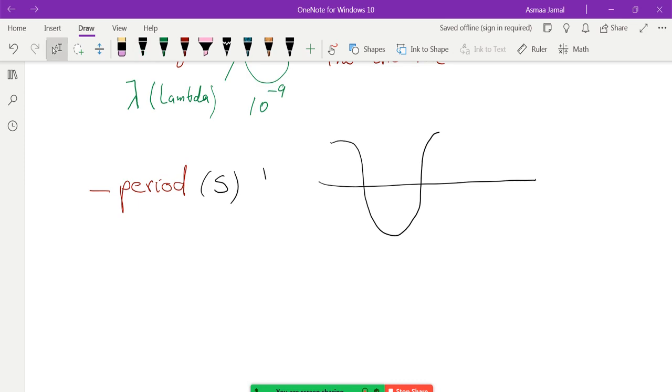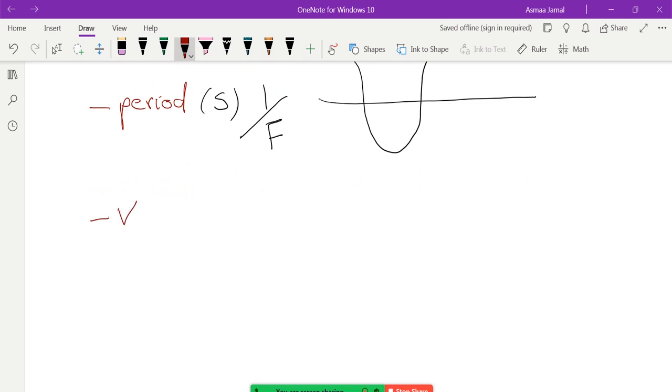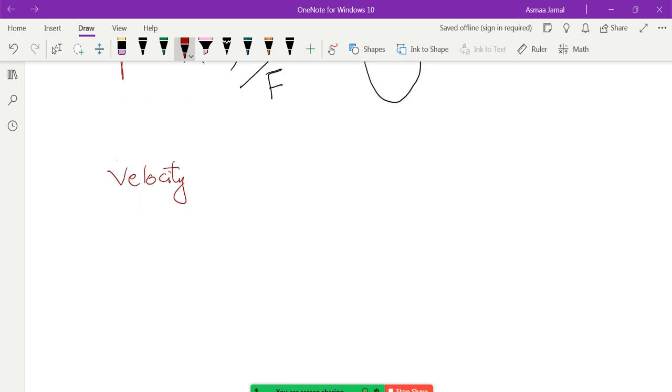And it's the inverse of the frequency. We have velocity too, which means the rate of travel, or the distance the wave will travel in a specific time.